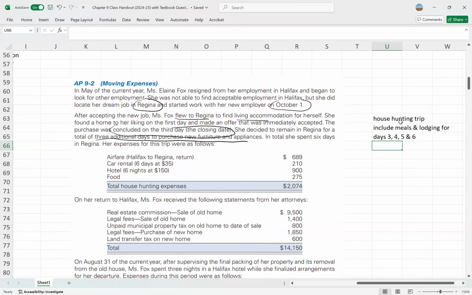Now, we can only include the meals and lodging. Her hotel was $150 a night. We cannot include the airfare. We cannot include car rental, but we can include the food. But this is where I want to bring us to the end of the question quickly.